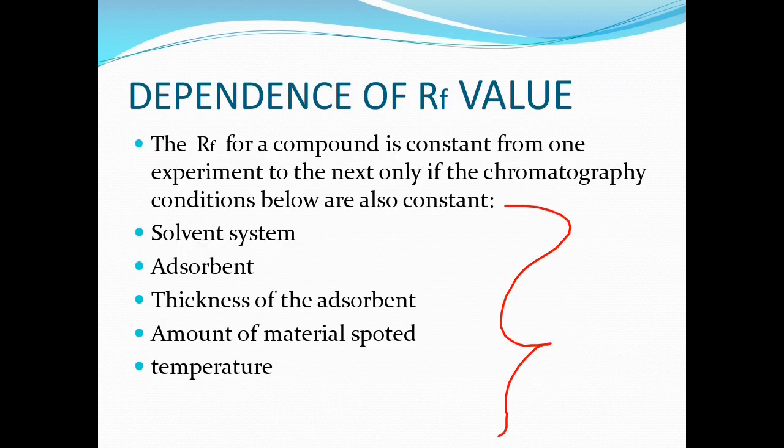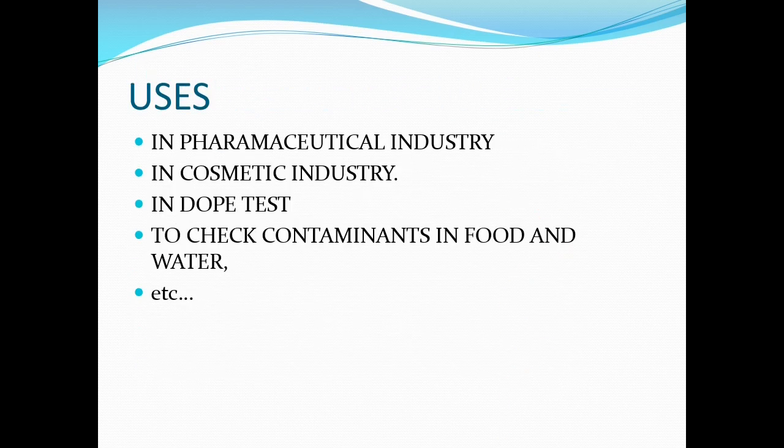The last part is given in your chapter: uses. What are the uses of chromatography? This technique is used in the pharmaceutical industry, to separate different components of a drug. It is also used in the cosmetic industry, because chemicals are also used in cosmetics. It is used in the dope test.